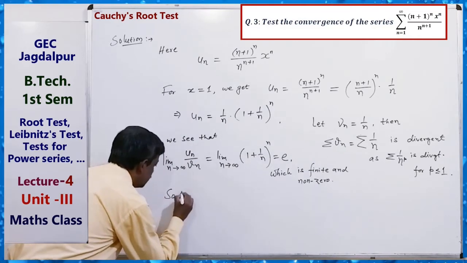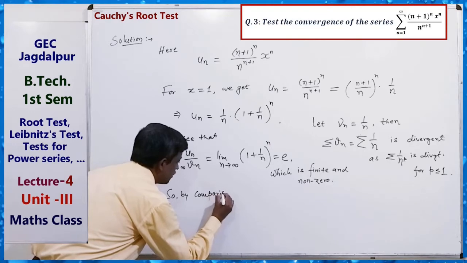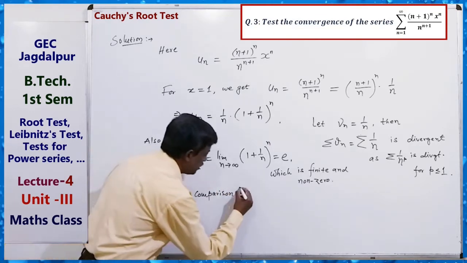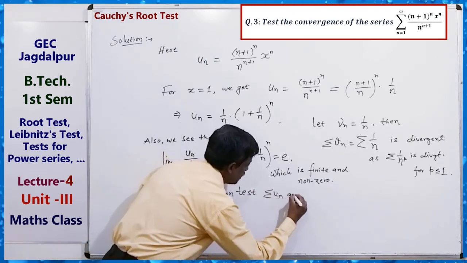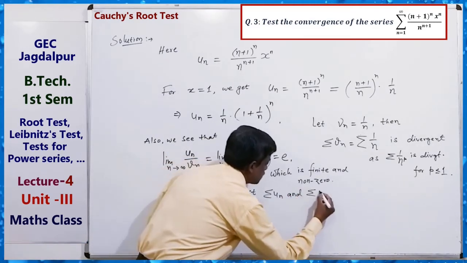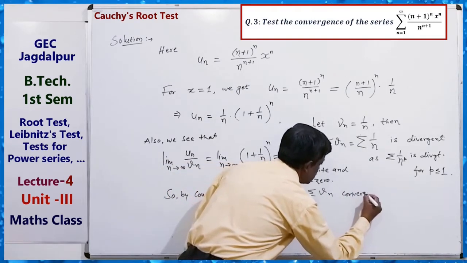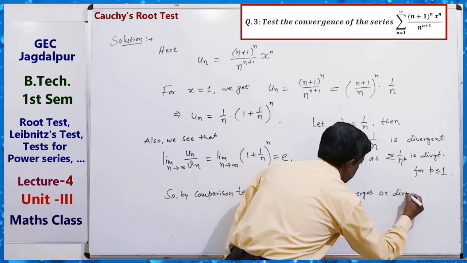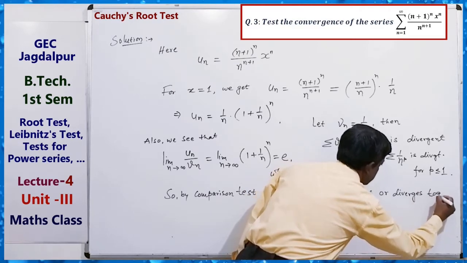So by the comparison test, summation un and summation vn converge or diverge together.